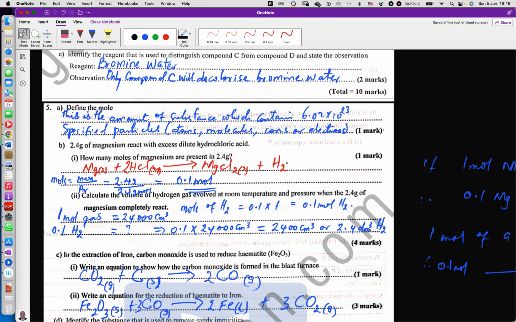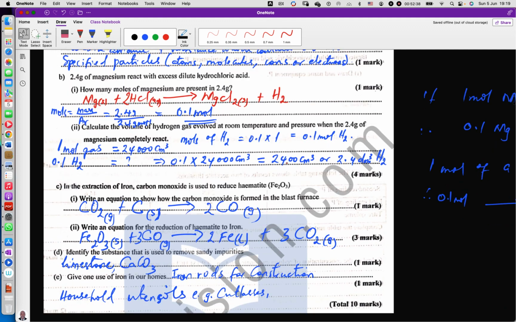So the mole of a substance is the amount of substance which contains 6.02 times 10 to the 23rd ions, molecules, or electrons. That's why I say specified particles, and I put in brackets atoms, molecules, ions, or electrons.